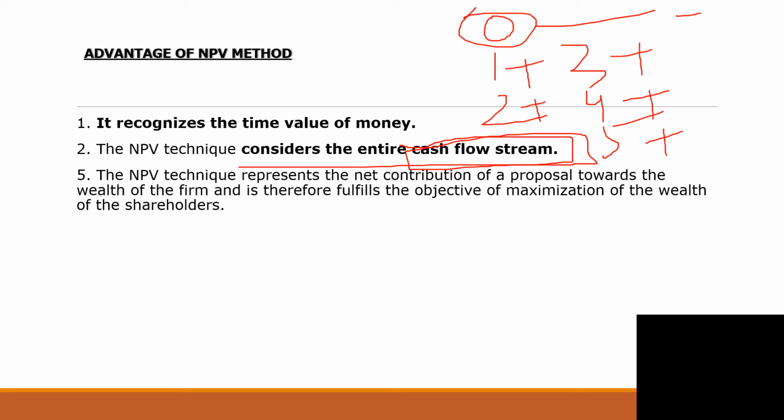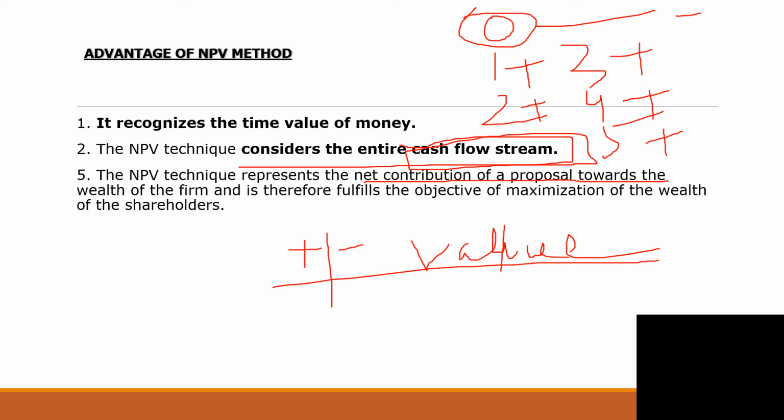The NPV technique also represents a net contribution, so it answers in a positive or negative value. It is not ambiguous. It gives a straight answer. If positive, the project shall be accepted. If negative, the project shall be rejected.